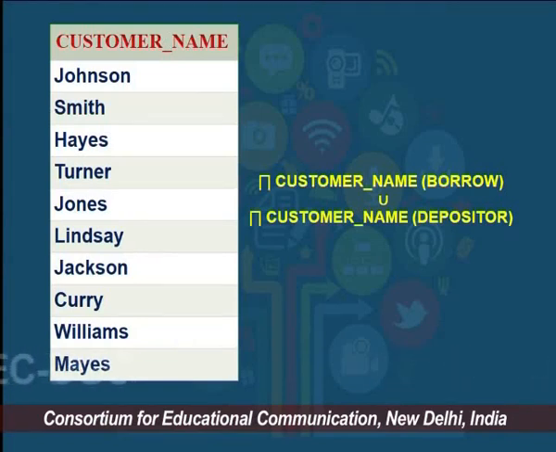As you can see on the screen, from borrow we have taken customer name. We are not going to apply union on all the columns of the table. We will pick some specific columns and then apply union, and these columns should be common.